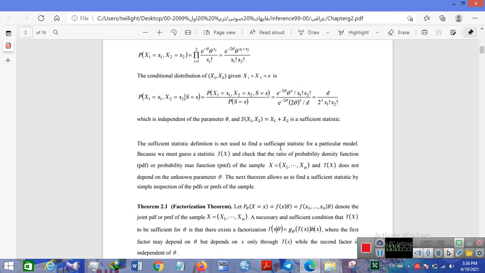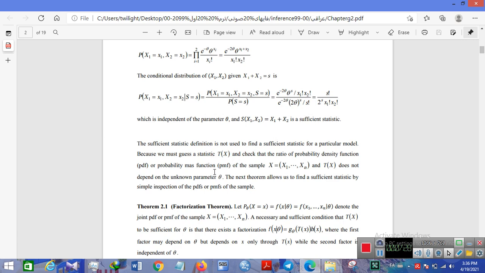The definition of the sufficient statistic is a difficult way to find a sufficient statistic, because we must guess a statistic T(x), check the conditional distribution of x given the statistic, and find that this conditional distribution does not depend on theta.